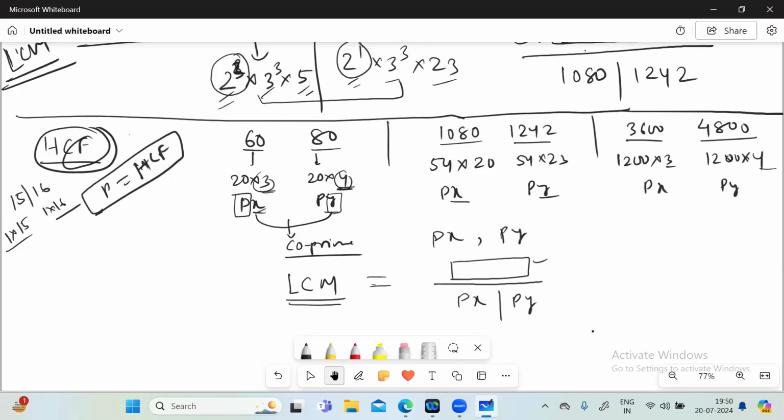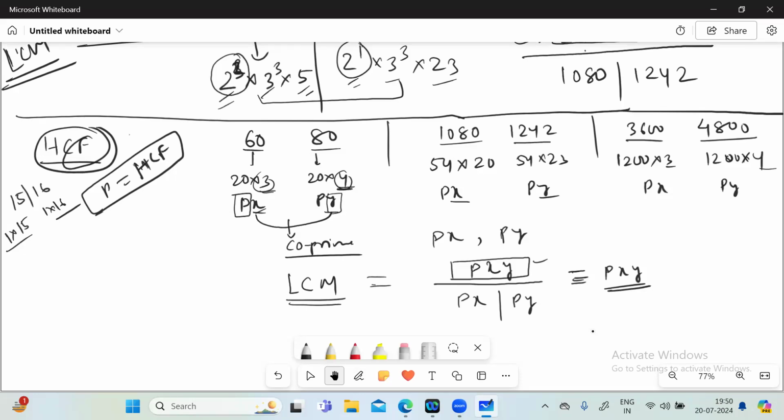So what is the mandatory requirement for that number? That it must have P and it should have X also, because it needs to get divided by Px, and it should have Y also. So here what we are getting as LCM is Pxy. This is the LCM.